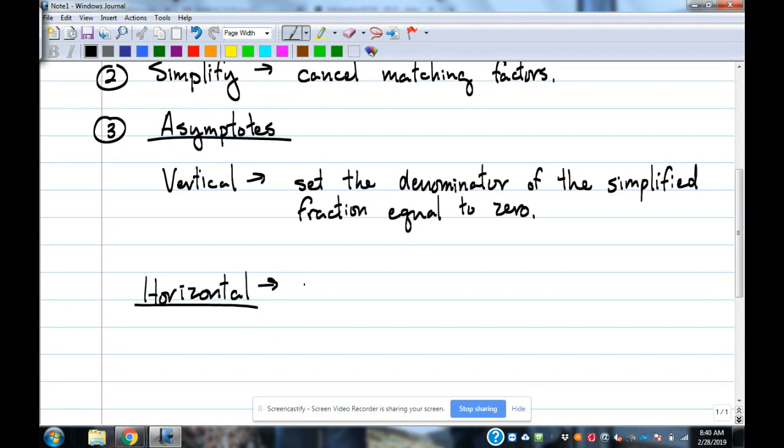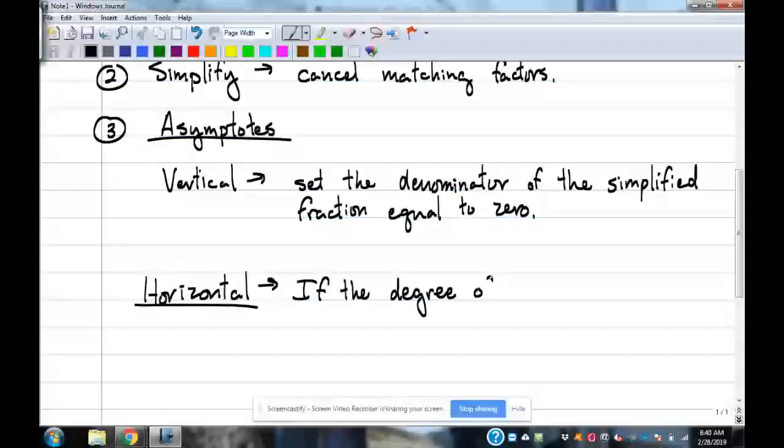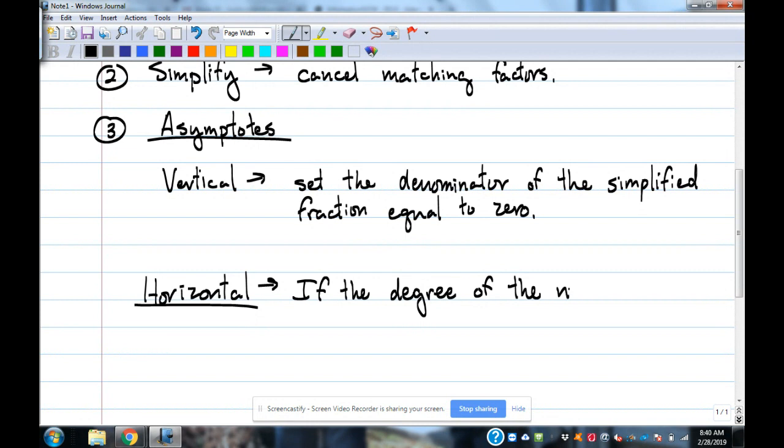The first rule is if the degree of the numerator is less than the degree of the denominator.